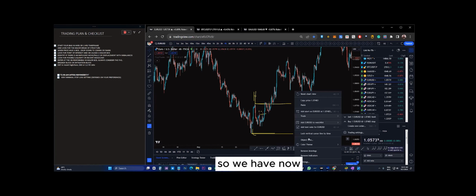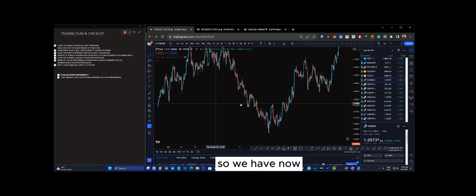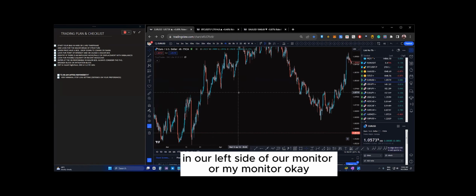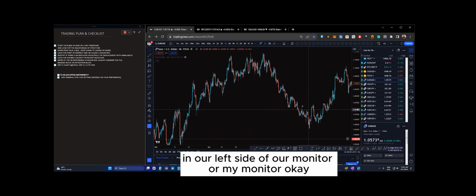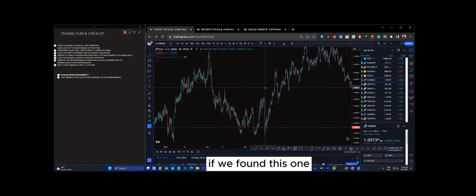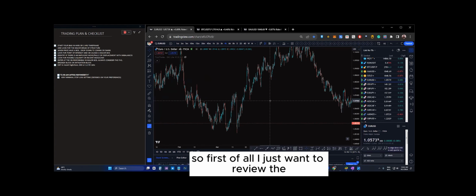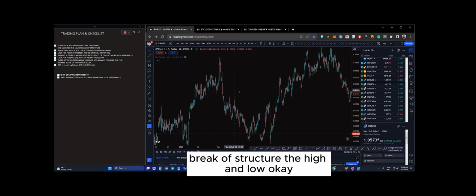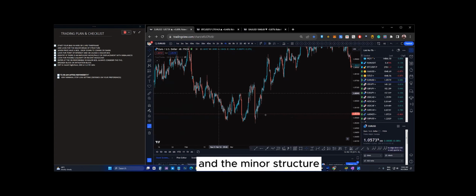Okay, so we have now the trading plan and checklist you can see on the left side of my monitor. Then we will just take a look at our checklist if we found this one. So first of all, I just want to review the breakup structure, the high and low, and the minor structure.